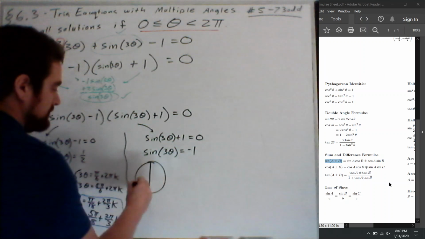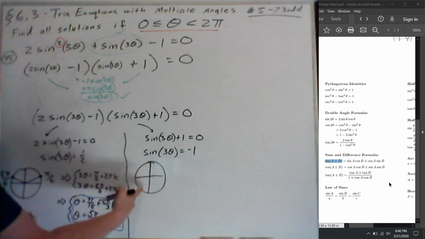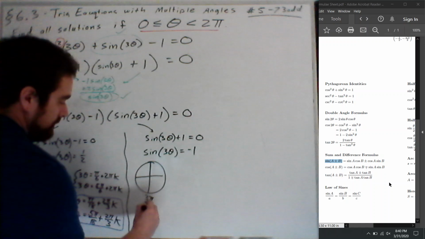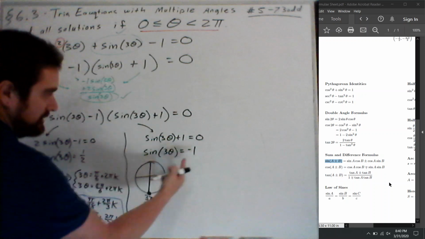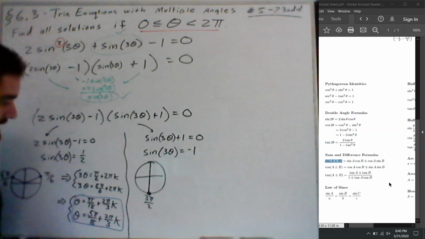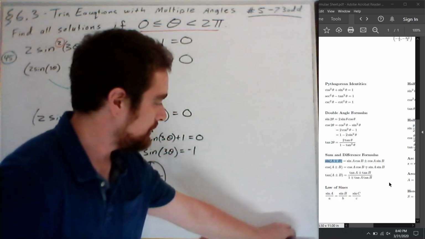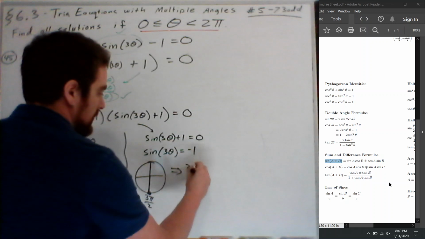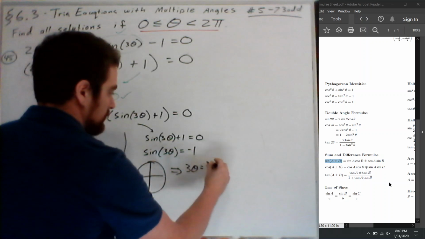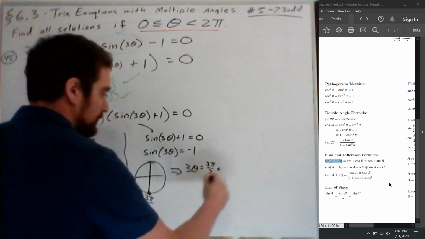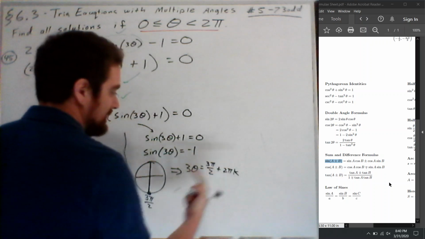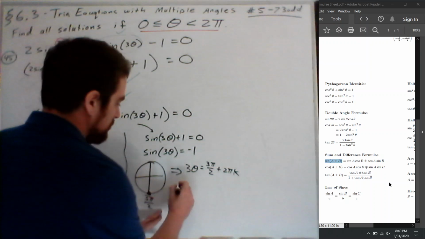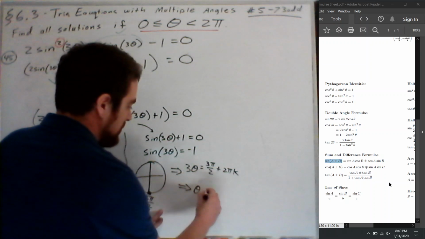Okay, this one's a little nicer for us because the sine function is going to be negative 1 all the way down here at 3 pi over 2. All right, sine is the y value, so I need negative 1 for my y value, which means 3 theta is 3 pi over 2, but we want all the multiples, and then we'll do our case by case, so I'm adding 2 pi k there, which means I divide by 3 to identify theta.